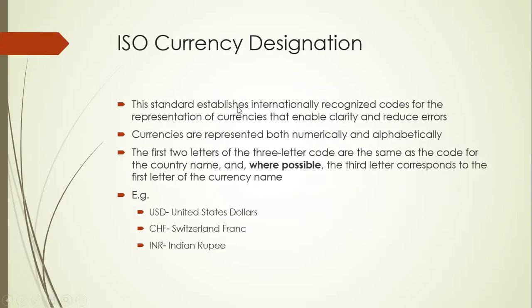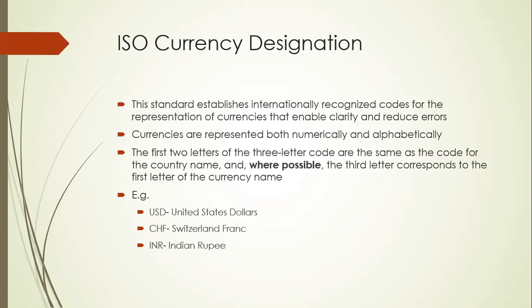every currency is denoted by a code that you have noticed, like US dollars is denoted by USD, Indian rupees denoted by INR. Then we have pound sterling denoted by GBP, Japanese yen by JPY. So what are these codes that we represent them with?